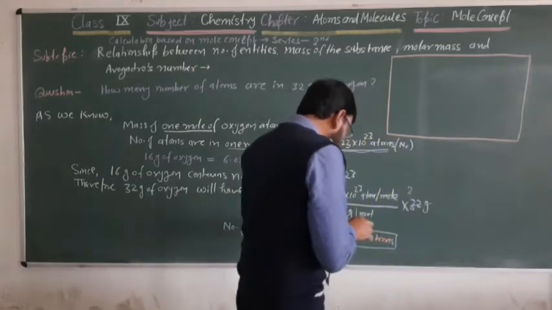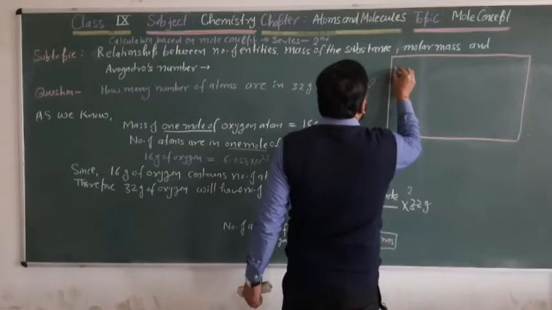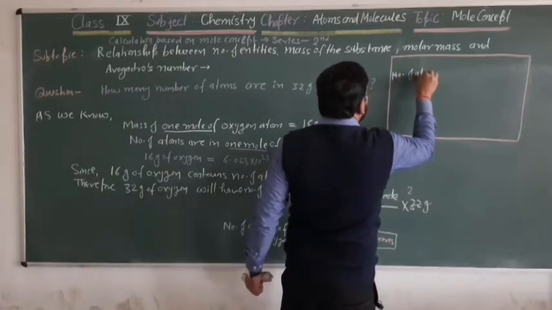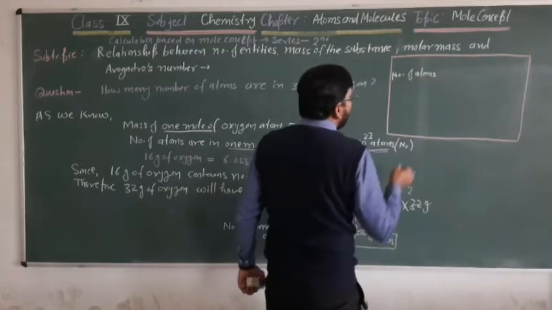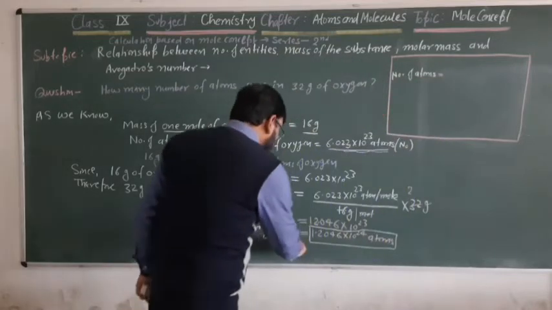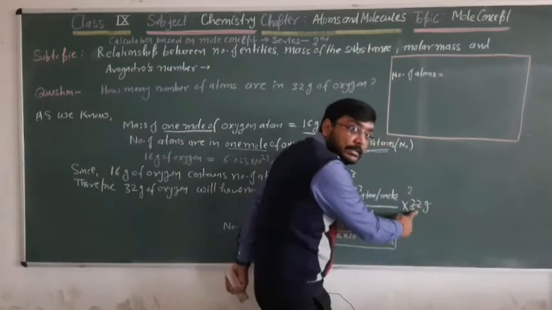Now see, here the number of atoms is equal to the mass of the substance divided by the molar mass, 16 gram per mole.